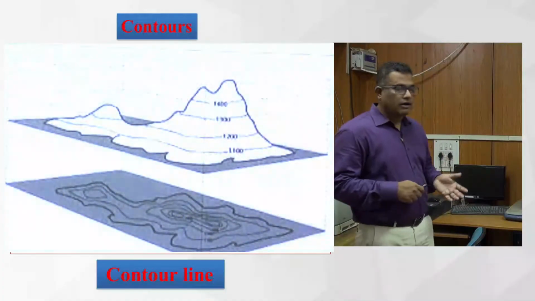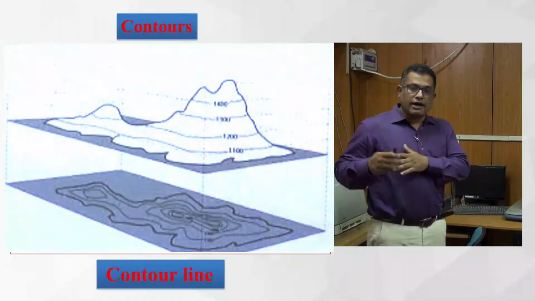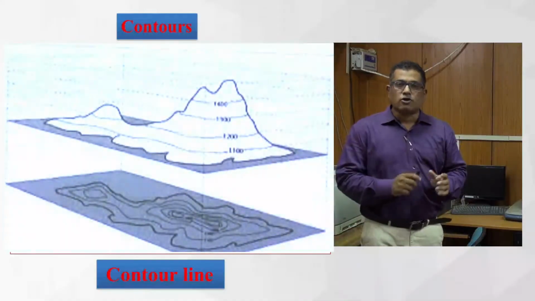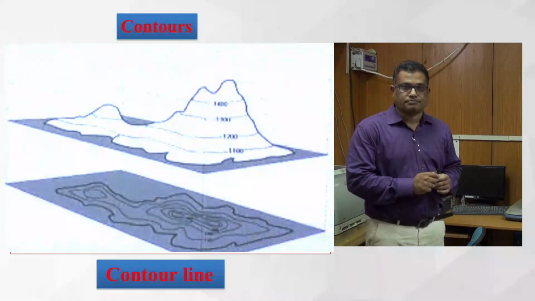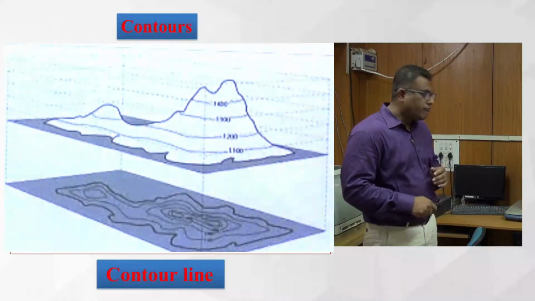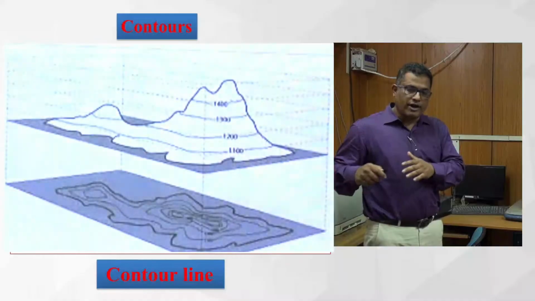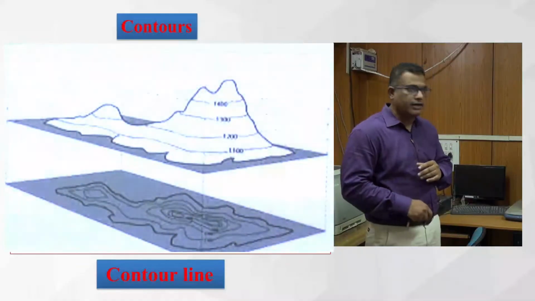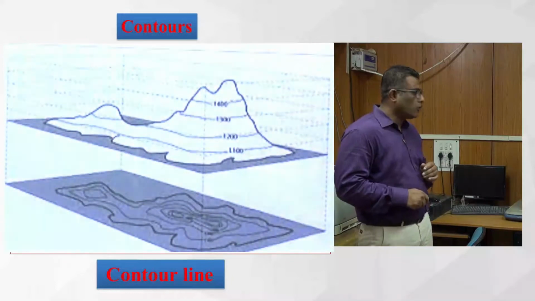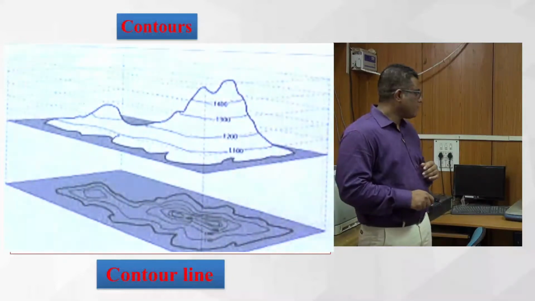Now exactly what are contours? Contours by definition are imaginary lines which join points of equal elevation. That means the line which we draw on the map finding the equal elevation, that we call a contour line. Supposing this is a small hillock, right?